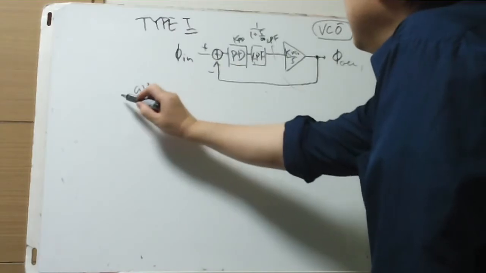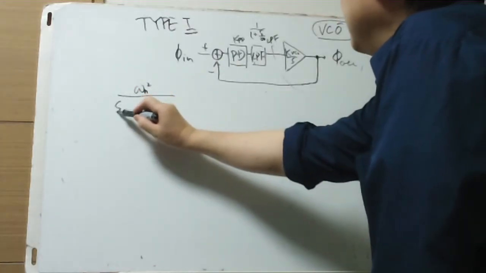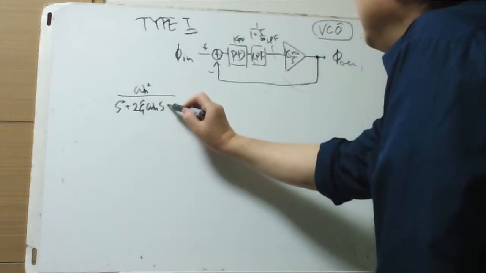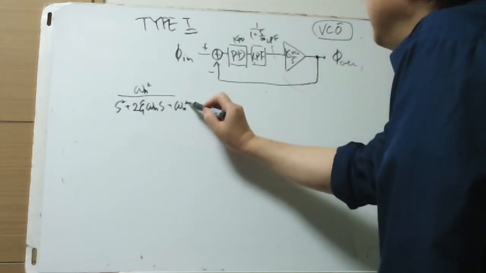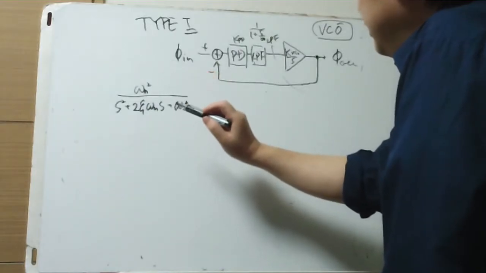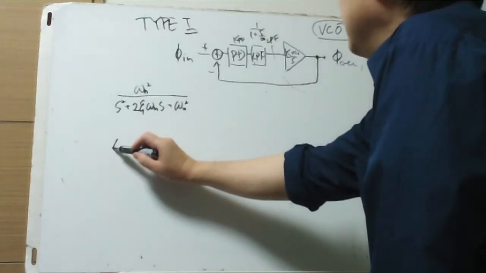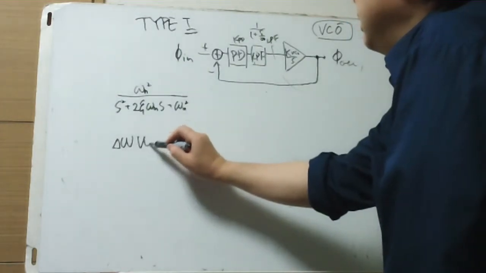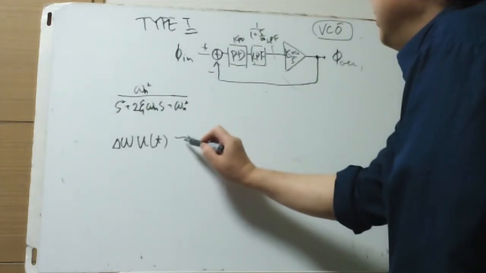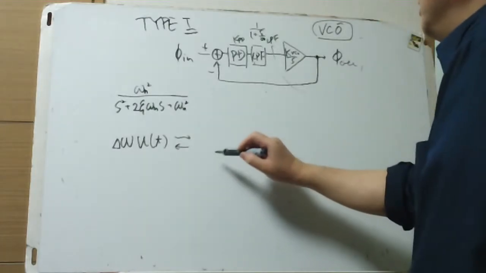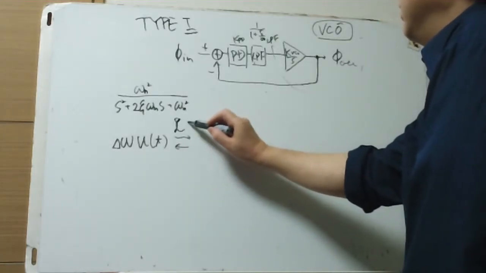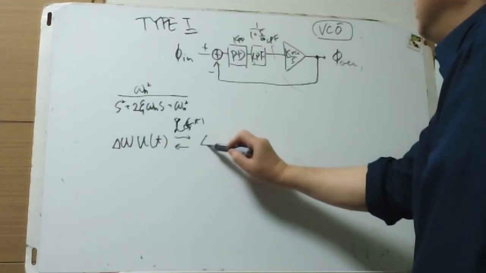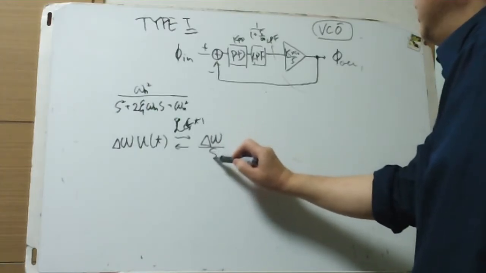Omega n squared over s squared plus 2 zeta omega n s plus omega n squared is H(s), and the step response, the Laplace transformation of delta omega u(t), equals delta omega over s.